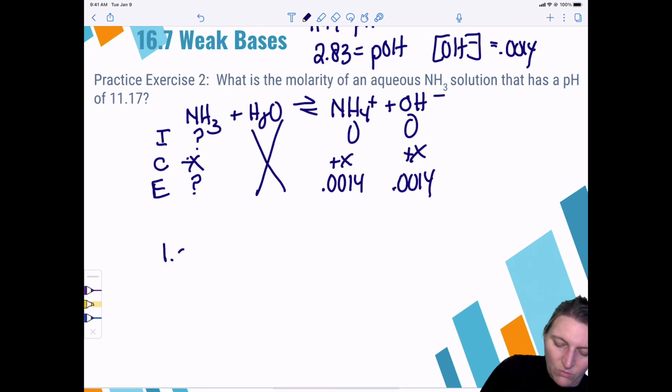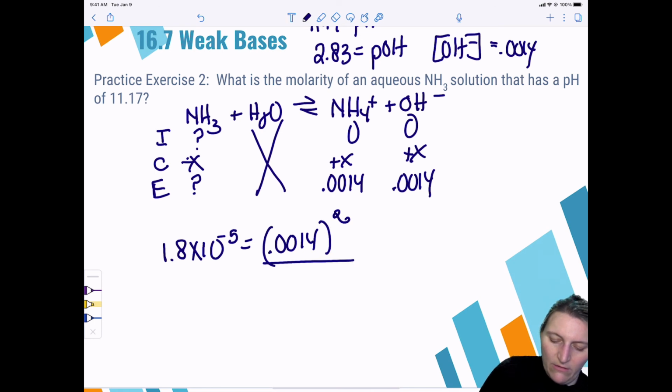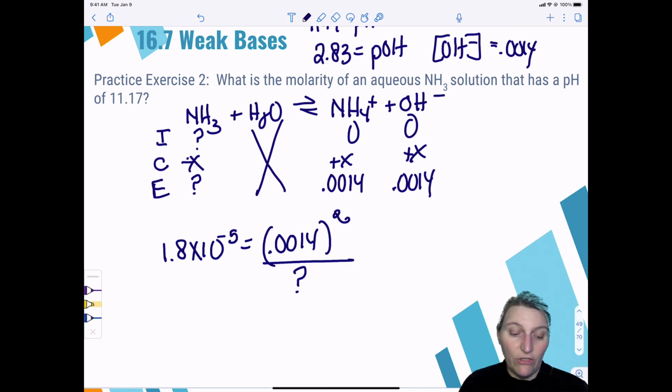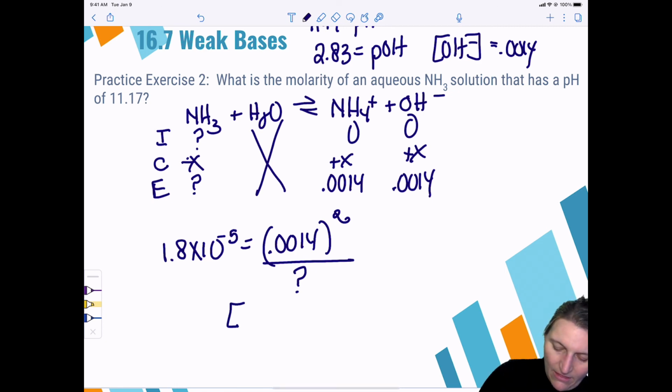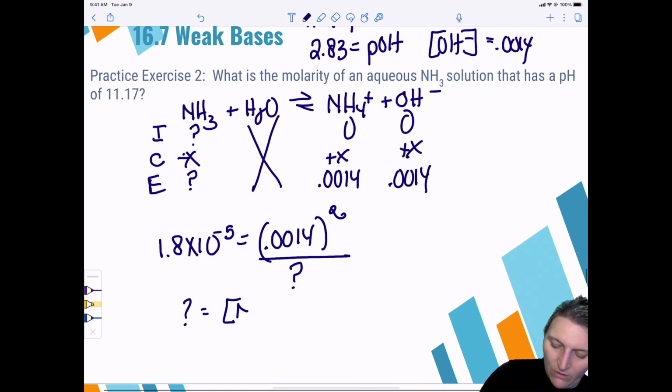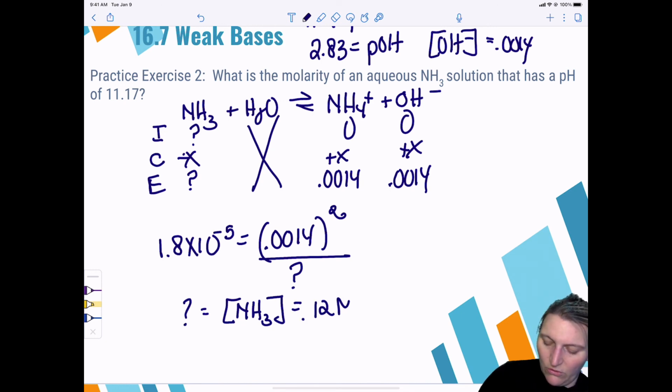Kb is 1.8 times 10 to the negative 5. That's equal to 0.0014 squared, divided by the concentration of the ammonia. Multiply both sides by question mark, divide, take the square root. I get that this question mark that I'm looking at, which is the concentration of NH3, is equal to 0.12 molarity.